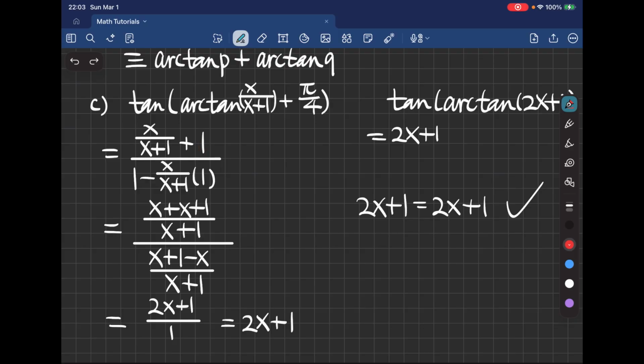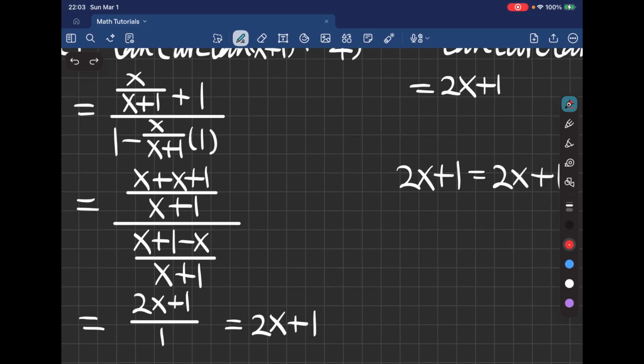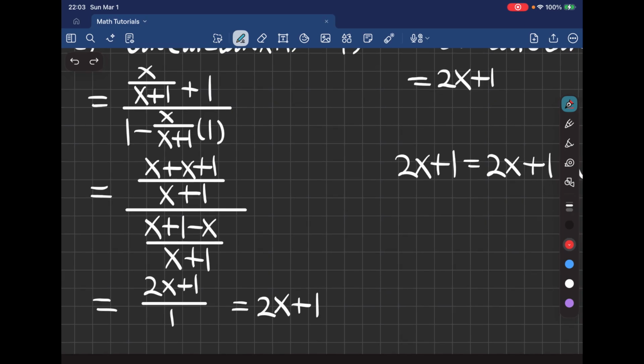And same for the bottom, because it's just tan A plus or minus tan B over 1 minus or plus tan A tan B, right? So you just apply the rule and then you'll get this. It looks really messy, so we want to simplify it by having these fractions dividing fractions.